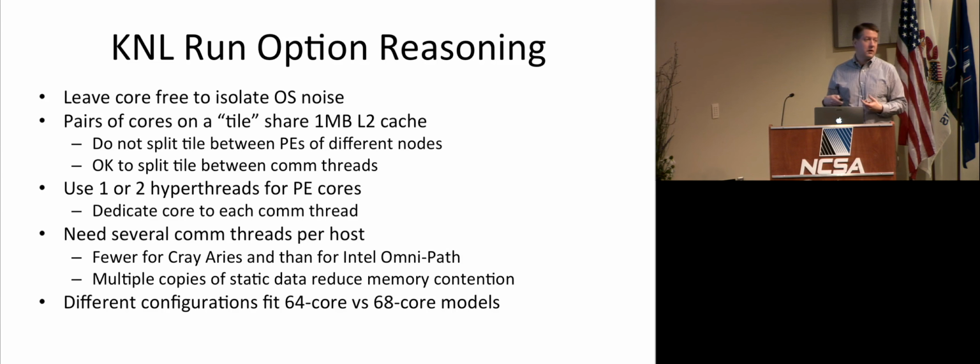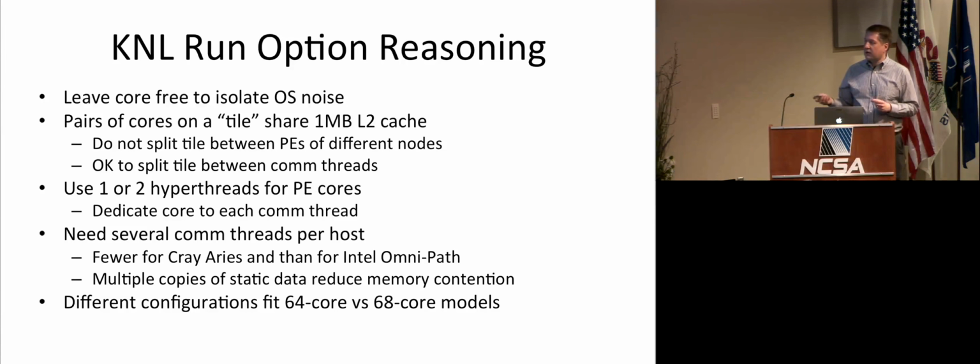But it's OK to split a tile between communication threads if we have to. We try to use 1 or 2 hyperthreads for the PE cores. There's no benefit that we've observed from 4, and for 3, there's really no case in which that would be beneficial.